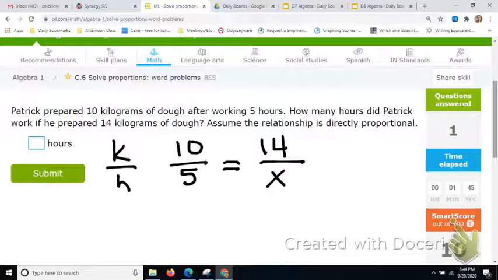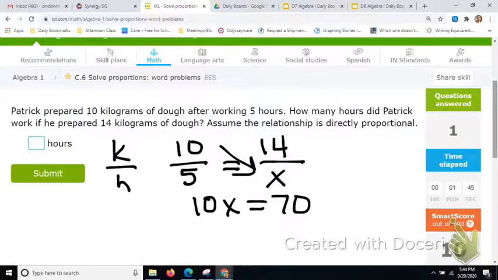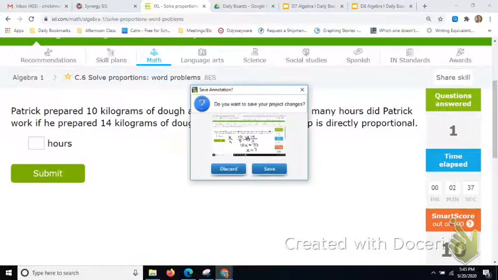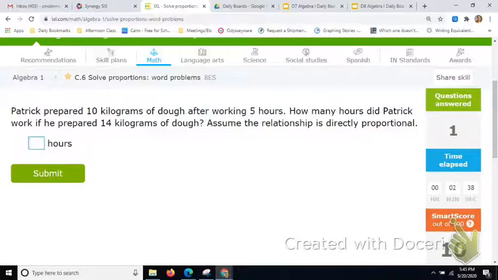That's my mystery number. You could leave it an H instead of an X if you want. So then 10x is equal to 70. So crisscross, cross multiply, divide by 10, and we get 7 hours. And when we read that, it should make sense, right? It's going to take Patrick longer if he's making more dough.